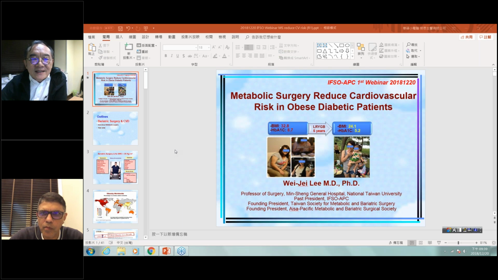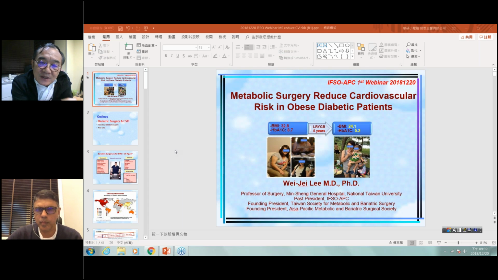Yes, yes. It's also very new for me because before I did this evaluation, I really didn't realize we don't reduce the stroke incidence. But when you look in detail, even in bariatric surgery studies, there's no significant reduction in stroke. So it's quite interesting for me.